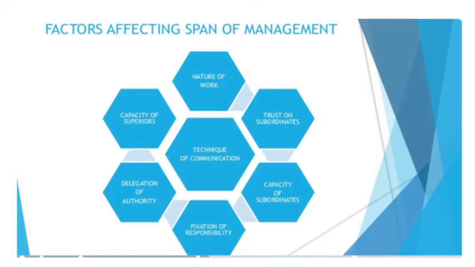The intermediate leaders in between were bypassed and communication reached the bottom level. That is the span of management; communication is an important factor which affects the span of management.